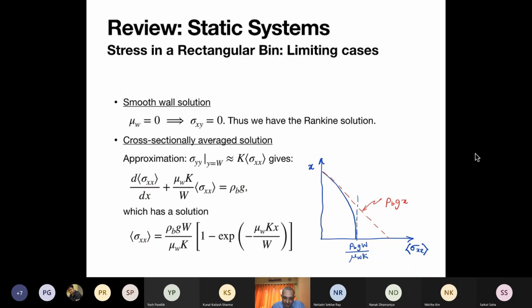And what we saw is that in this equation, as x becomes very large, this term goes off to 0, and so you have a limiting value of the normal stress, which is given by this. And if you look at the graph, this is our Rankine solution, a straight line, but this one kind of saturates and you cannot exceed the maximum value.